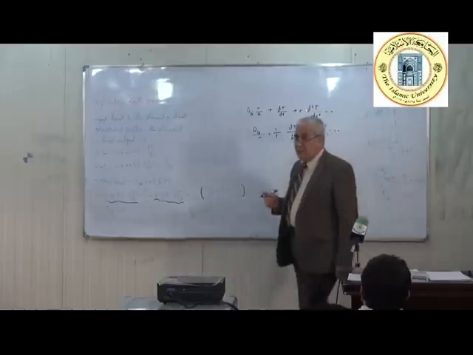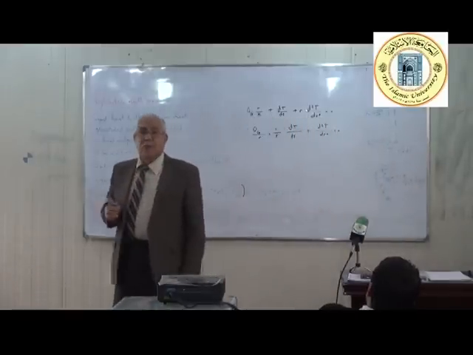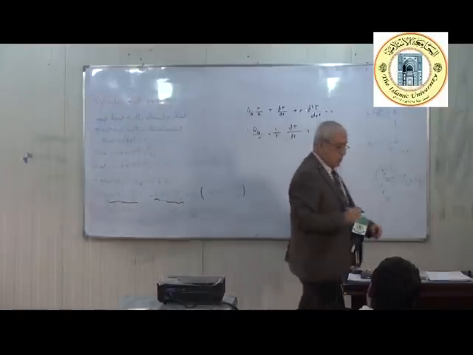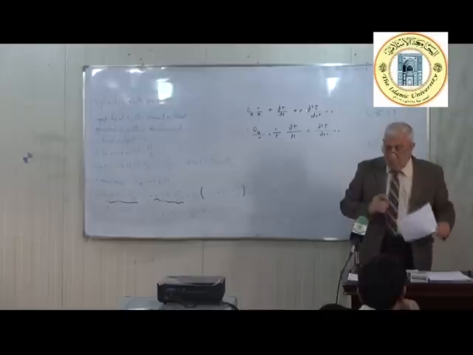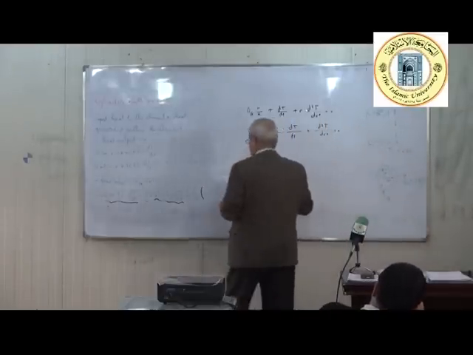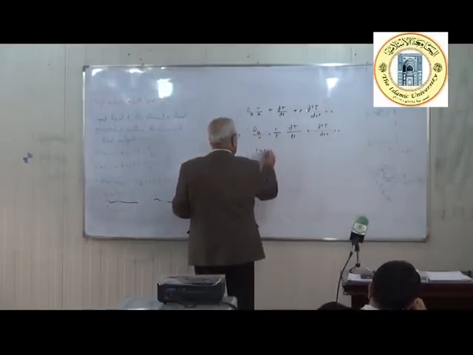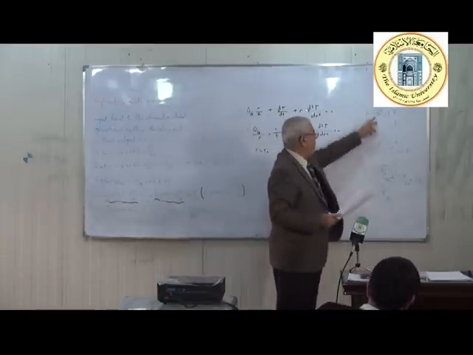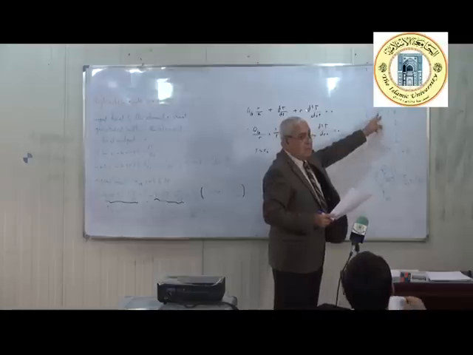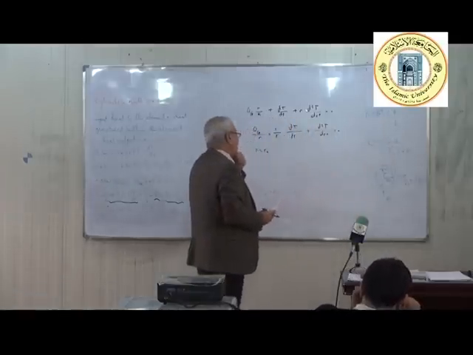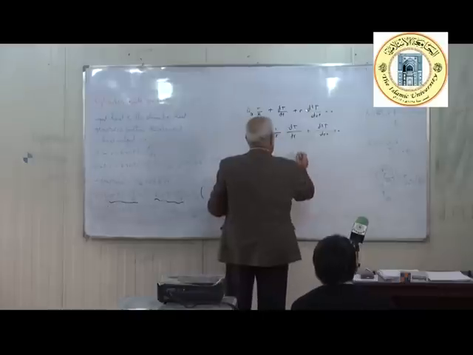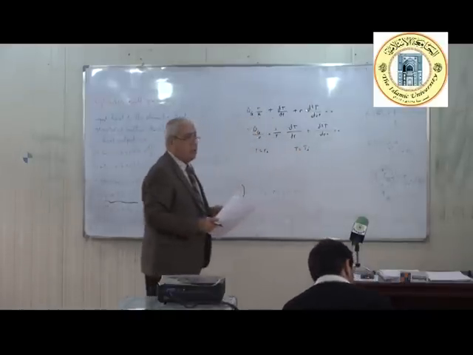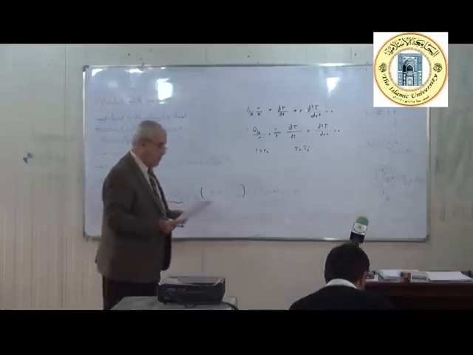Now, we cannot solve this equation unless we get the boundary conditions. The boundary conditions for this equation, we could say, are as follows. r equal to Ri, where Ri means the inside radius of the hollow cylinder, T equal to Ti, the inside temperature.